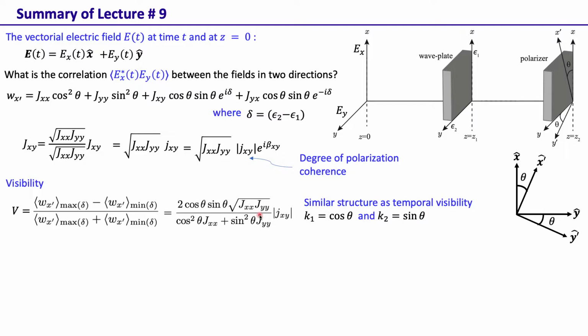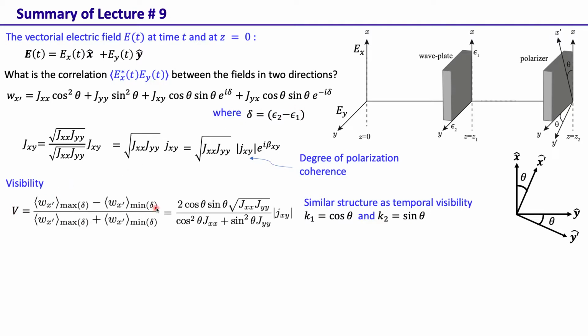We saw that this is the same structure if we recognize that cosine theta is essentially k1 and sin theta is essentially k2. Then this structure is pretty much the same as we had for time, space and angle. There we didn't have cosine square theta or sin square theta; we had k1 square, something that was fixed.